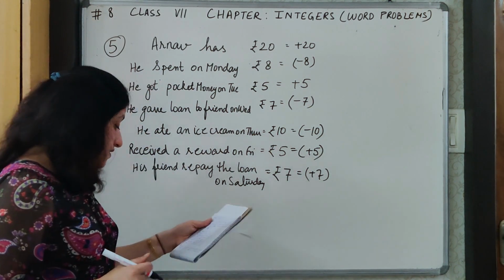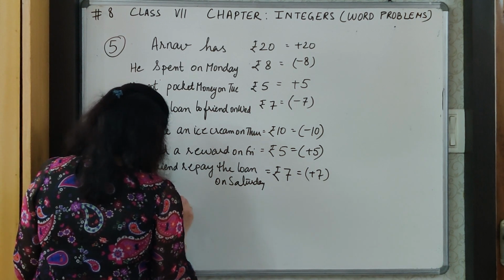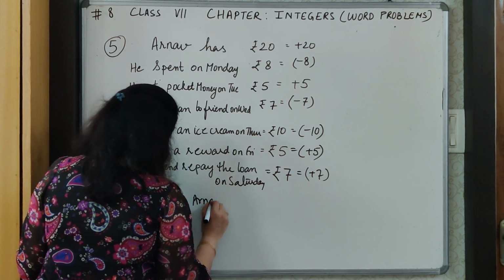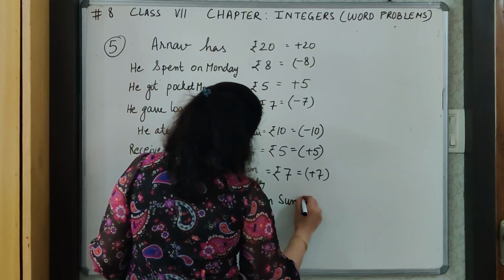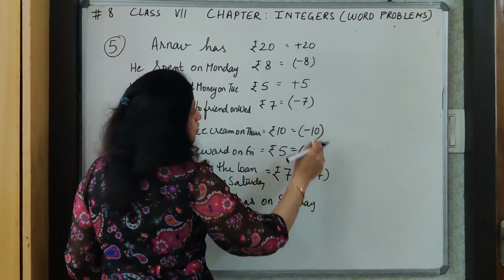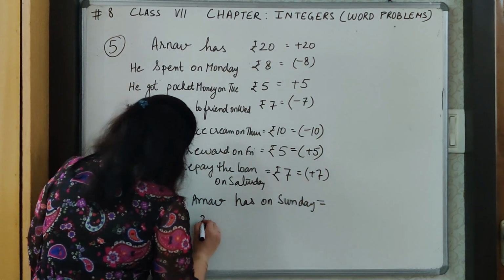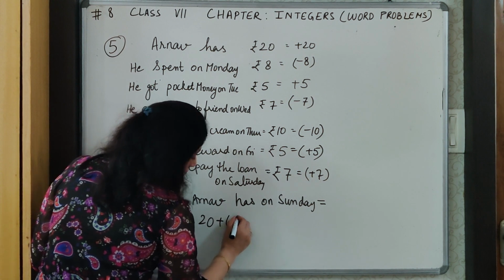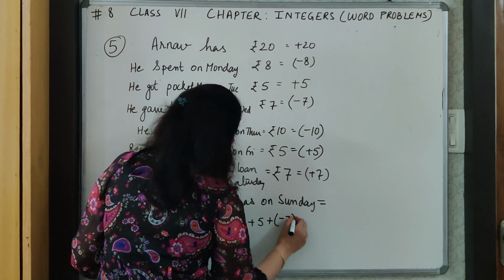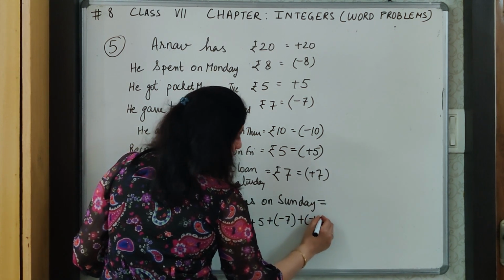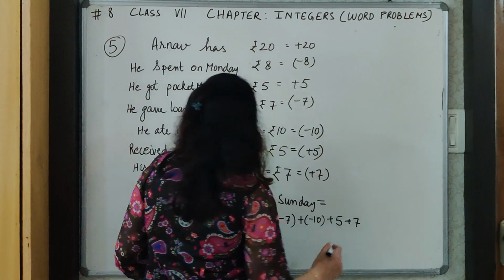Now the question asked is, how much money does Arnav have on Sunday? Money Arnav has on Sunday will be the total of this with plus and minus all together, so we will write 20 plus minus 8 plus 5 plus minus 7 plus minus 10 plus 5 plus 7.